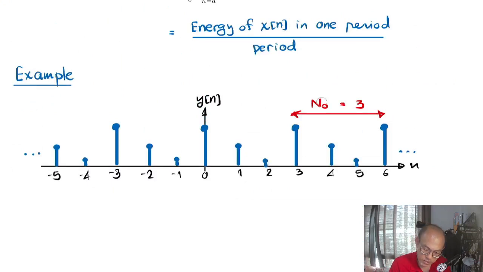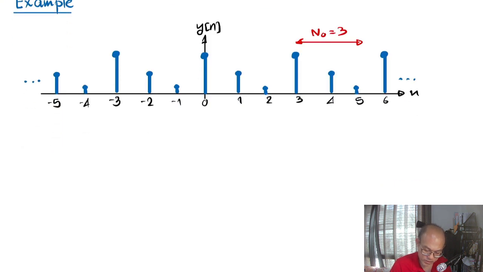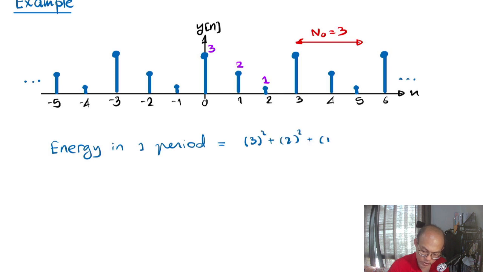So now the energy in one period is, oh, I had to write this one down, right? This is 2, this is 1, this is 3, this is 2, this is 1. So the energy of one period is 3 squared plus 2 squared plus 1 squared.